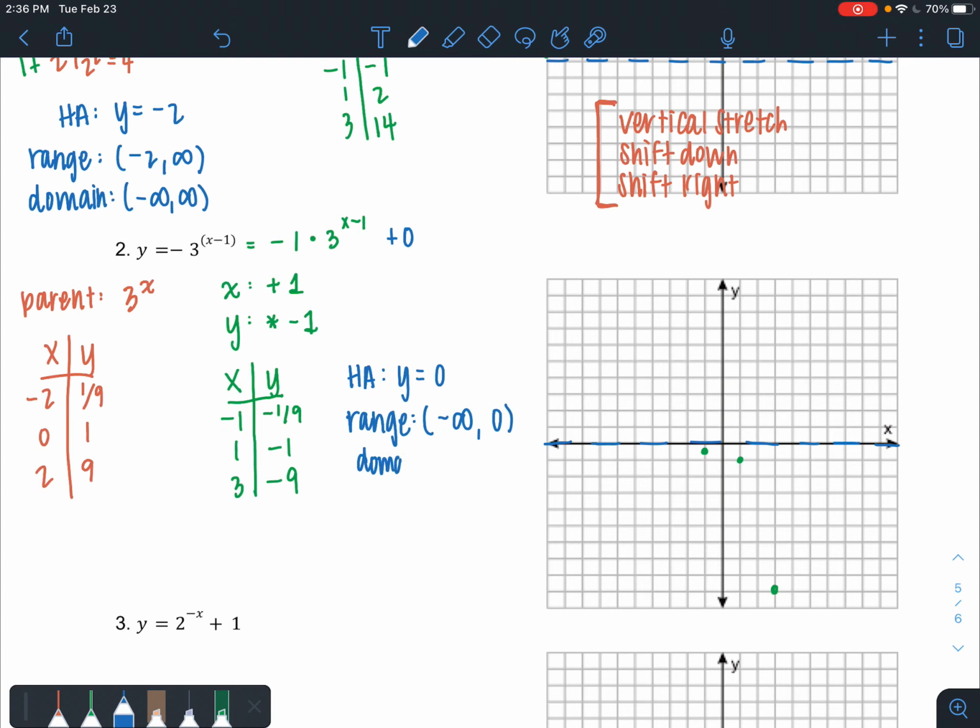And then our domain is, of course, -infinity to infinity. So drawing that graph, it's going to approach that asymptote, and then it's going to curve down towards -infinity really steeply. Okay. All right, and I'm actually going to leave it there, and that's all for today, folks.